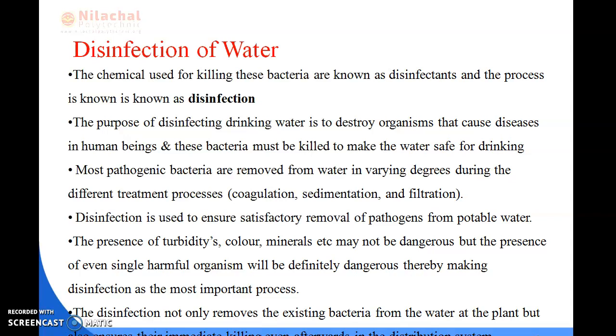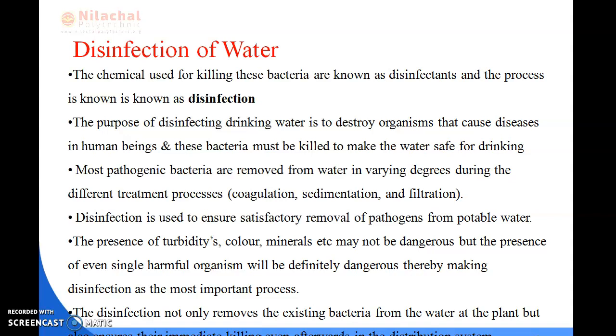Most pathogenic bacteria are removed from the water in varying degrees during the different treatment processes, that is coagulation, sedimentation and filtration. Disinfection is used to ensure the satisfactory removal of pathogens from potable water.